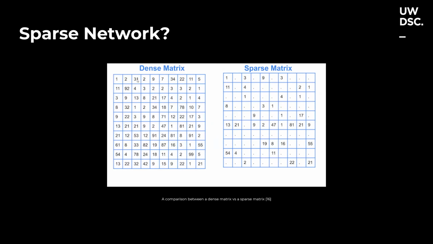So for example, 31, you have to multiply by 0. And for a normal machine, you have to do that operation. But for a dedicated hardware station, you won't do that. You just skip that. So you won't do 31 multiplied by 0. Yeah, it's pretty much low level.